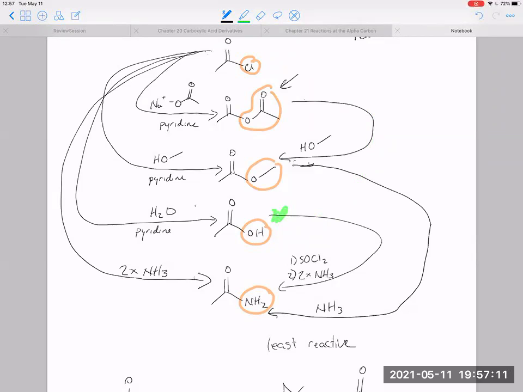Could we also turn that carboxylic acid into an ester and then the ester into the amide? You can, but in practice, you wouldn't, because both of those reactions don't go to completion as much. So you're always going to have some equilibrium distribution of products. But yes, for pencil and paper organic chemistry, you're absolutely right.